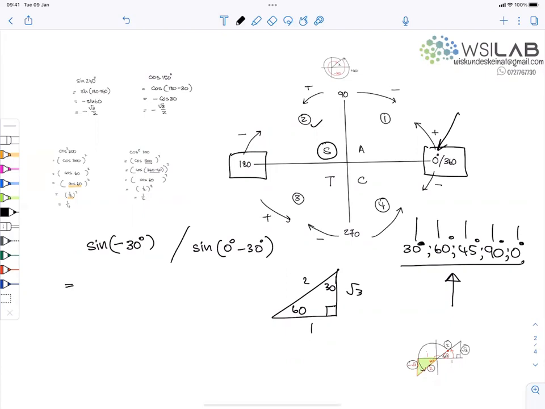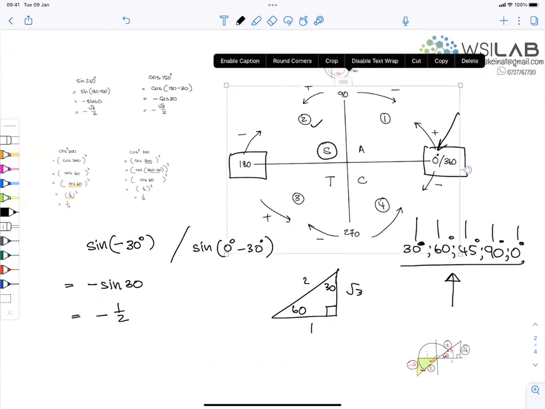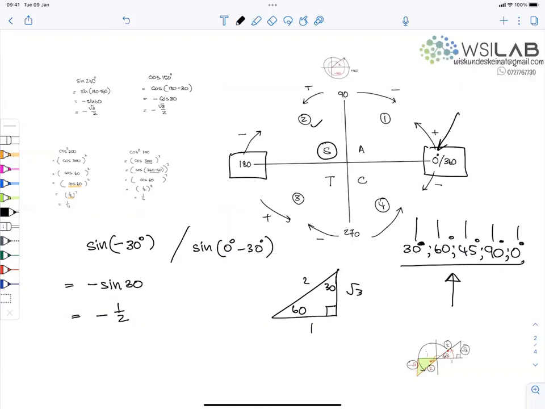So 0 minus 30 is the 4th quadrant, which makes my sin ratio negative because only cos is positive. So that's negative sin 30. Sin of 30 I can do from that triangle. That's a half. Good. Write that down. Okay, I got it down.